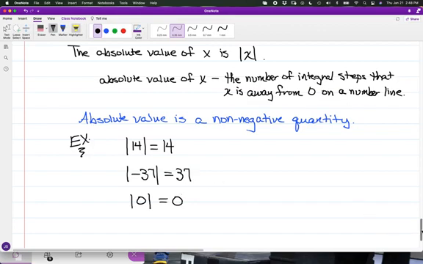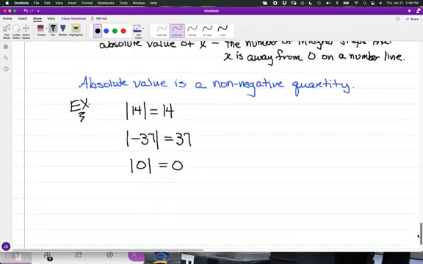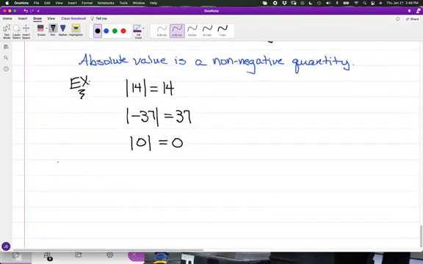Now for what we have regarding absolute value equations, just going from absolute value itself to absolute value equations. Say if k is a non-negative value, that means that k is greater than or equal to 0.